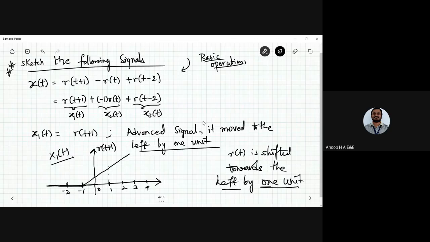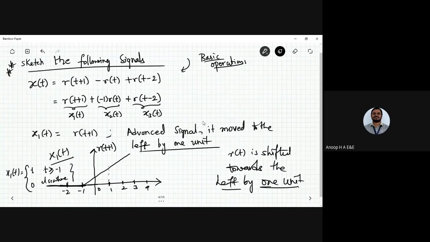It is like this. How can you express it mathematically? x1 of t can be expressed mathematically as t, where t is greater than or equal to minus 1, and 0 elsewhere.